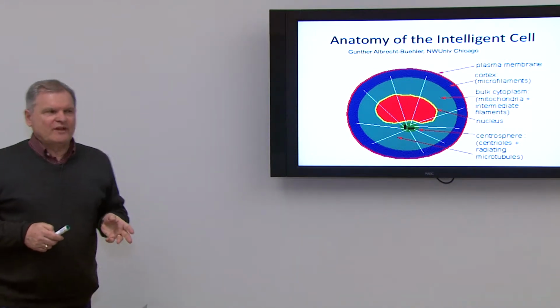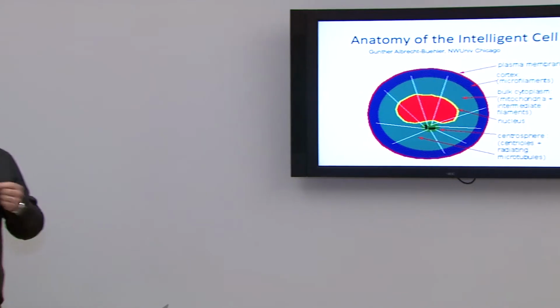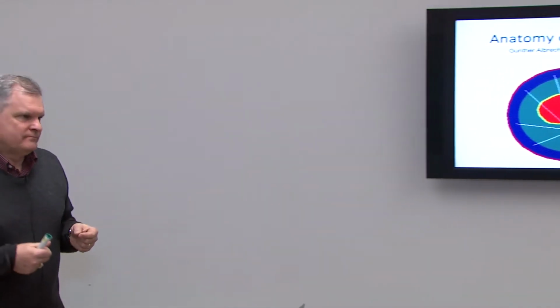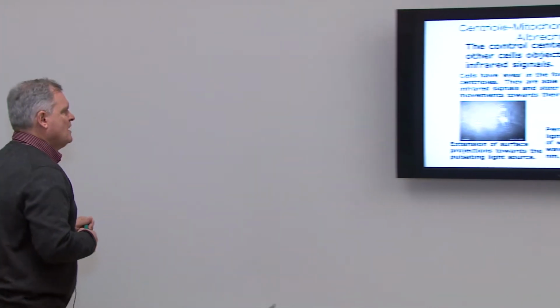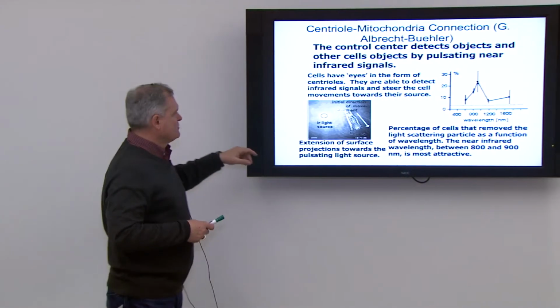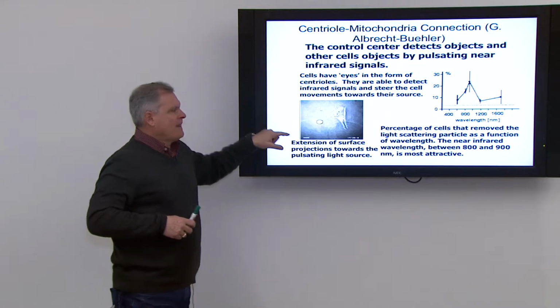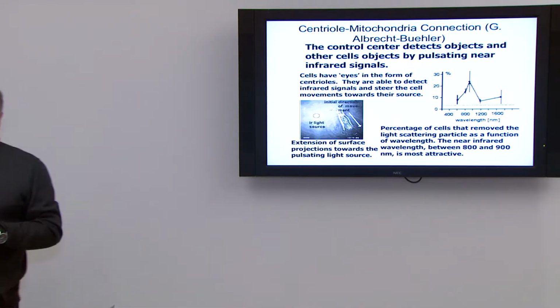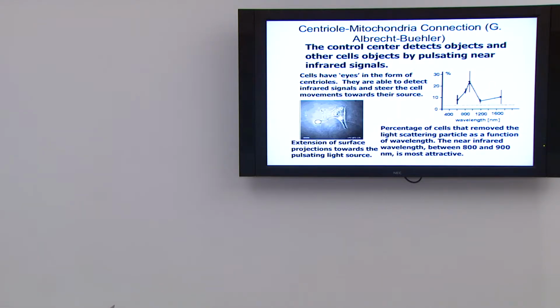he implies the centriole is the eye and the brain of the cell, because it's the structure that is sensitive to signals from the outside. He did a lot of experiments, and you see some kind of short video. He tried to demonstrate that cells perceive other cells in the neighborhood, and if these are cells of the same type, they will move towards each other.